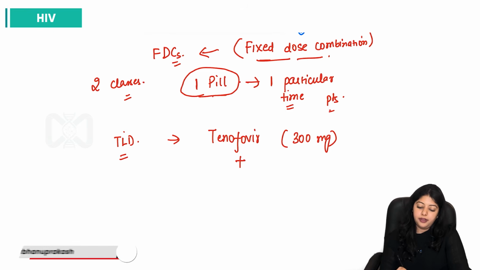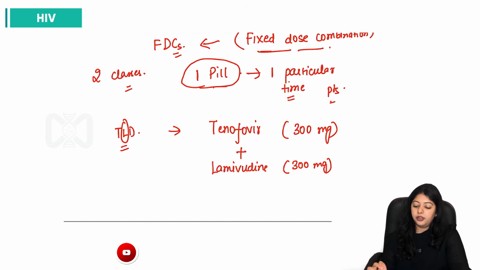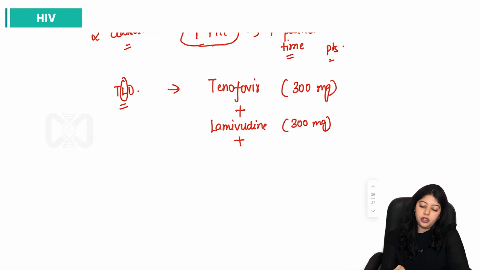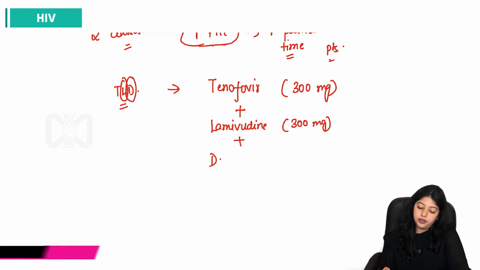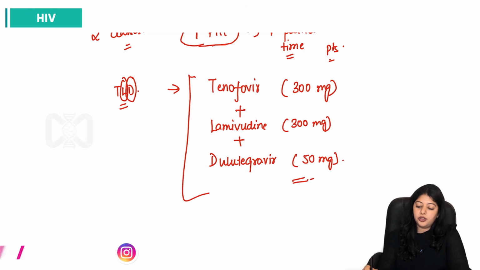Then we have lamivudine, 300 mg. And the third one is dolutegravir, 50 mg. So this is the strategy.